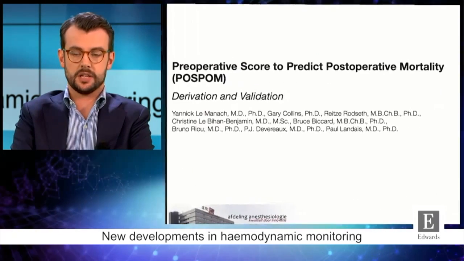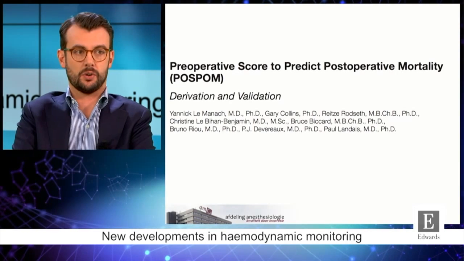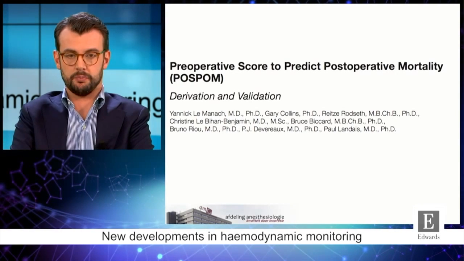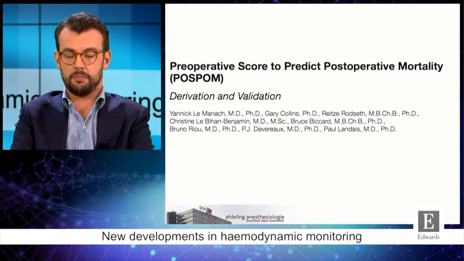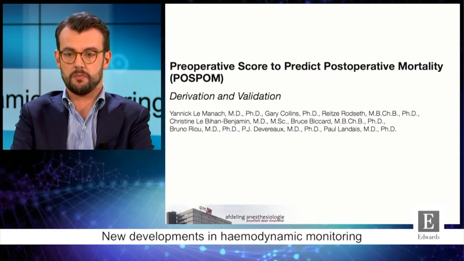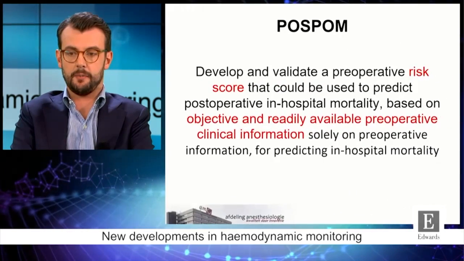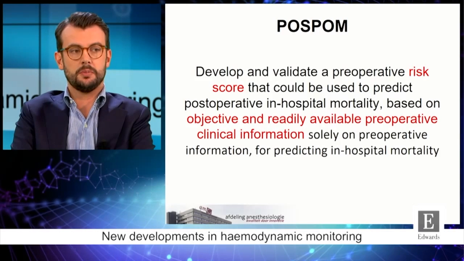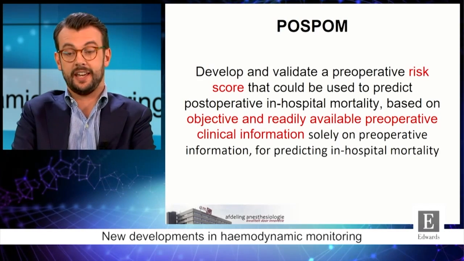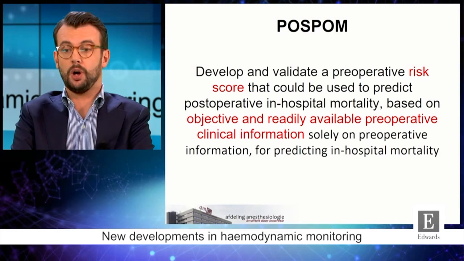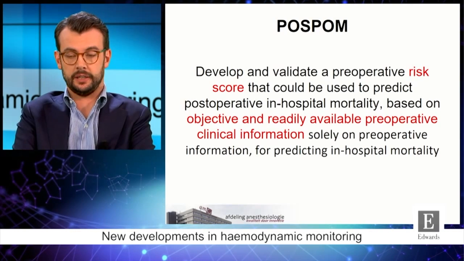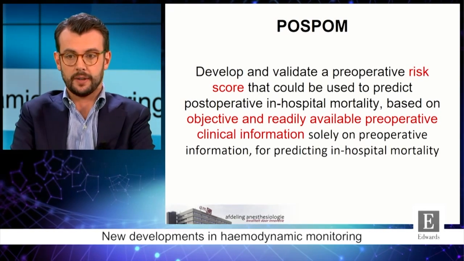So I want to look at this last risk score that I mentioned, the POSPOM. It was published rather recently, and the POSPOM is basically a big data approach to acquiring a good risk score.